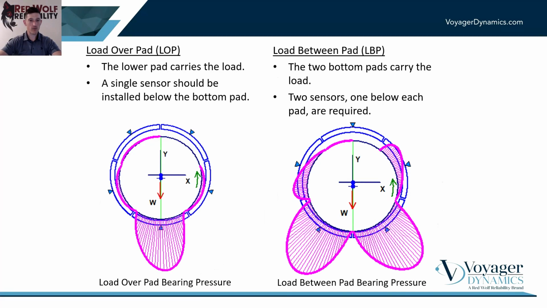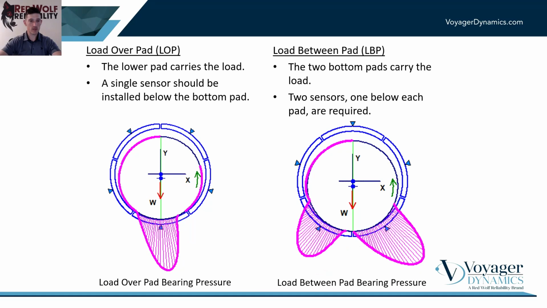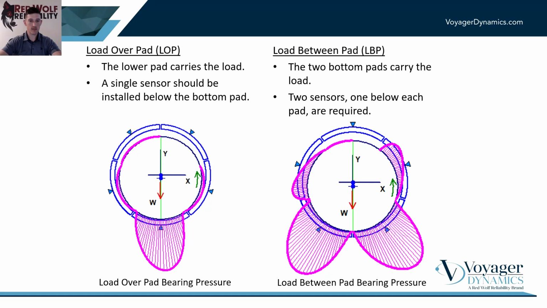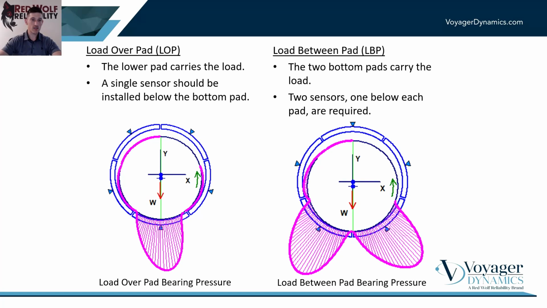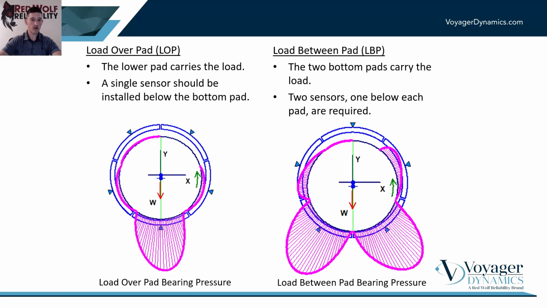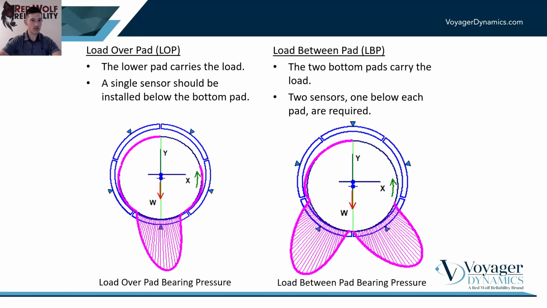So now on this slide we have our pressure distributions for the same startup event for a 5-pad load over pad bearing shown on the left hand side versus a 5-pad load between pad bearing shown on the right hand side. And I want to just talk about the distinction on where we would place our FDS sensors to monitor each of these.